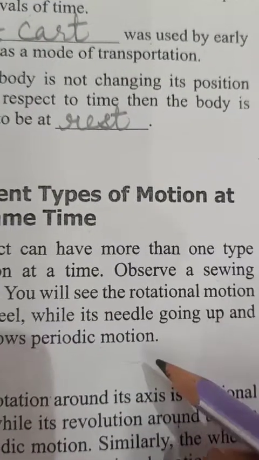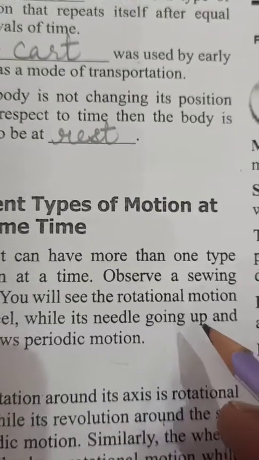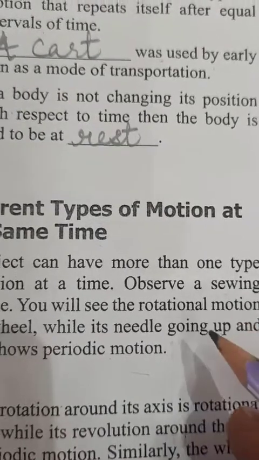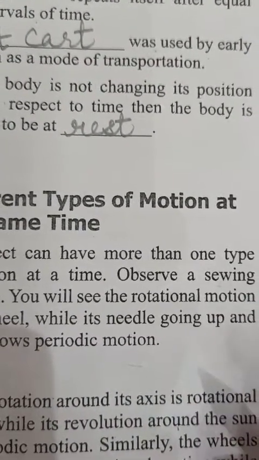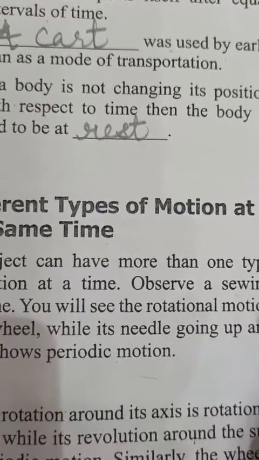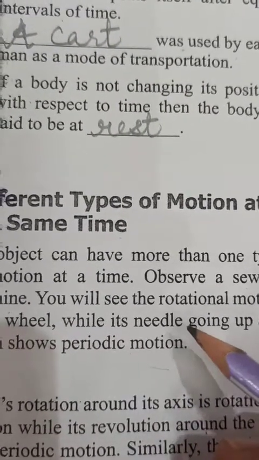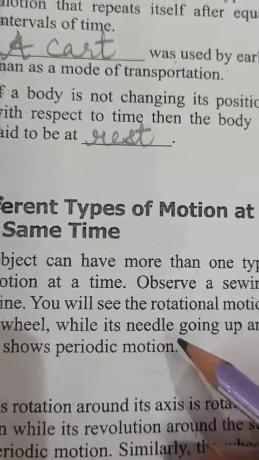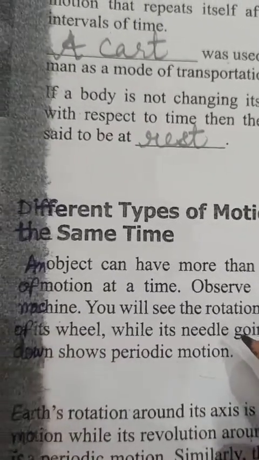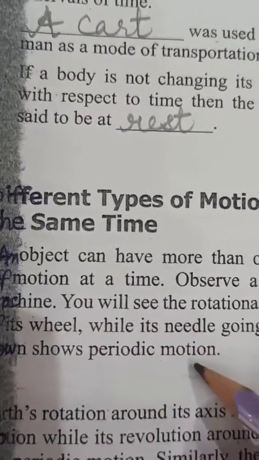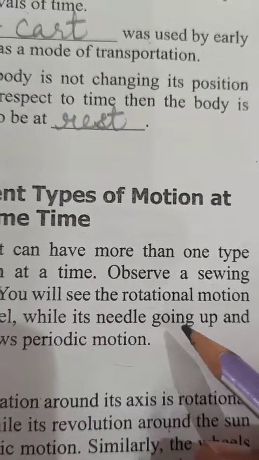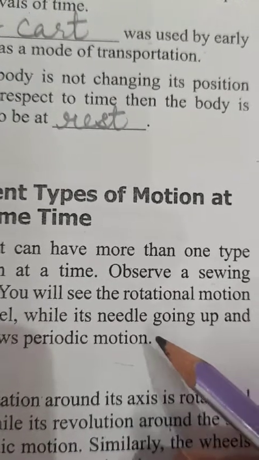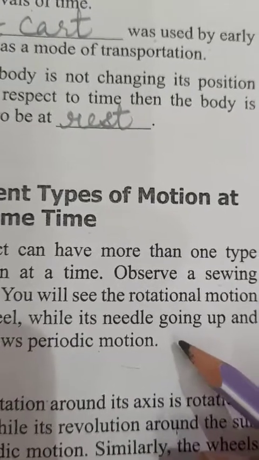Because children, here we can see two types of motion in the sewing machine. One motion is rotational motion, because one wheel is moving continuously, which shows rotational motion, and its needle, with which we stitch our clothes, moves up and down, which shows periodic motion, because the needle goes up and down in equal intervals of time, meaning to and fro motion is working.